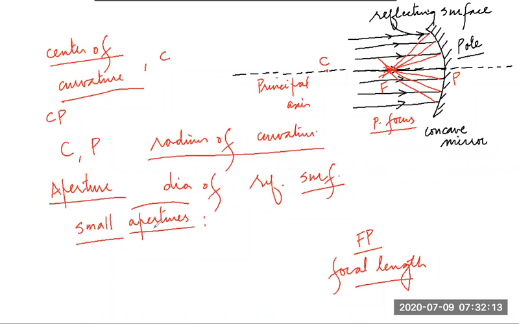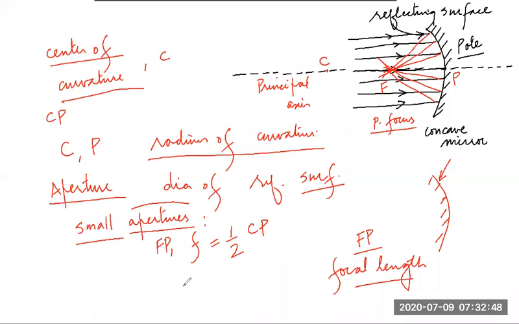For small apertures, spherical mirrors, whether they are concave mirrors or convex mirrors. This is the case of a convex mirror where the reflecting surface is bulging outside from the center. Remember guys, the focal length FP, represented by letter F, is half of the radius of curvature, and radius of curvature is CP.